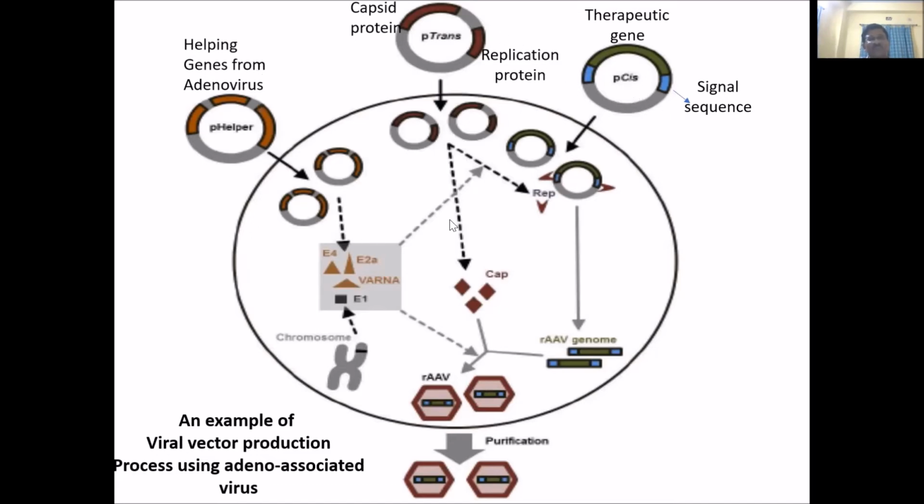The advantage of this vector is that it has a very strong capsid protein, and you can alter the specificity of this vector very easily by altering the amino acid sequence of the capsid protein. You don't need to put any extra glycoprotein receptors or antibody receptors here. Just by altering the amino acid sequence of this capsid protein, you can increase its target specificity.